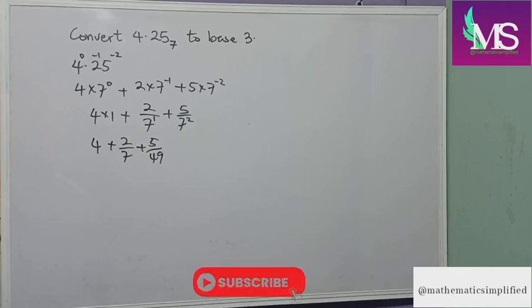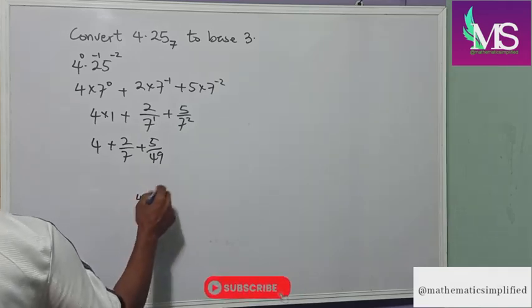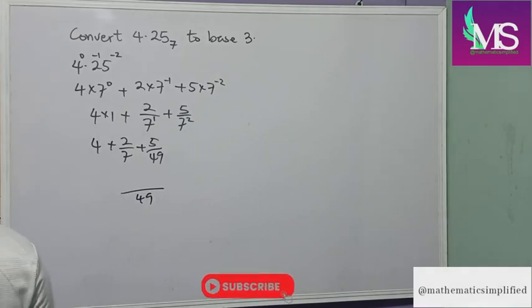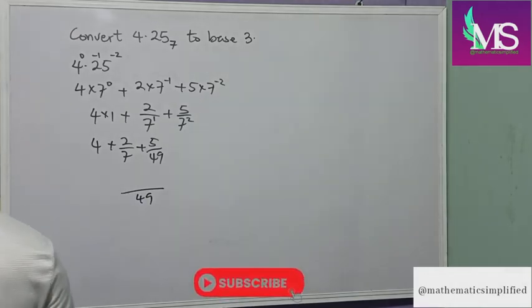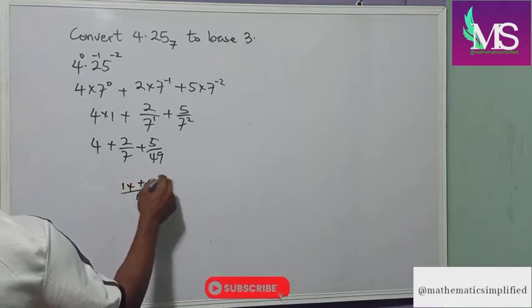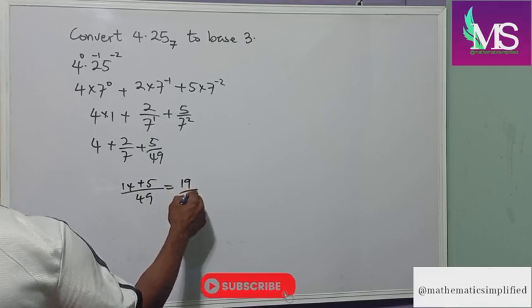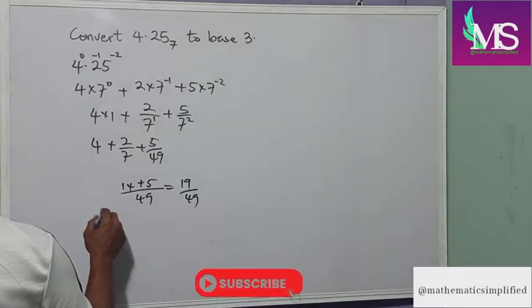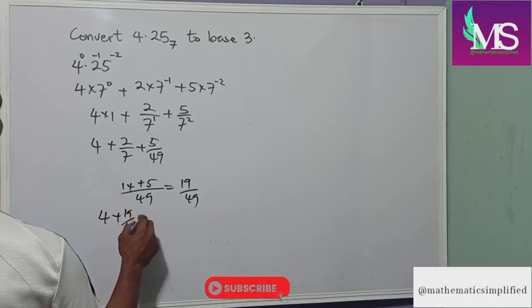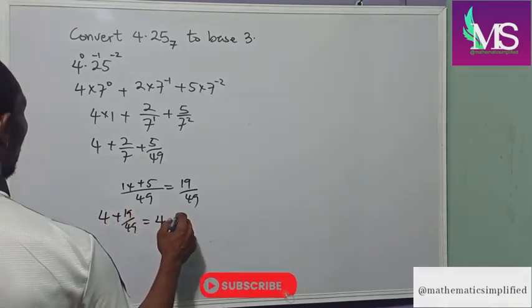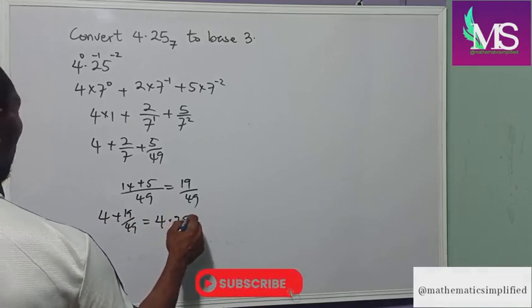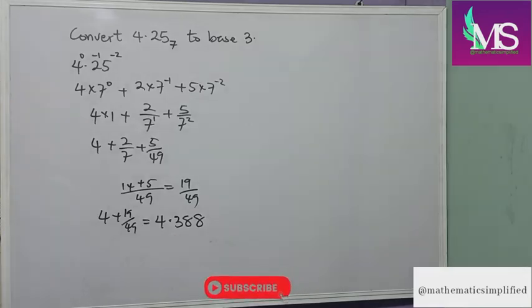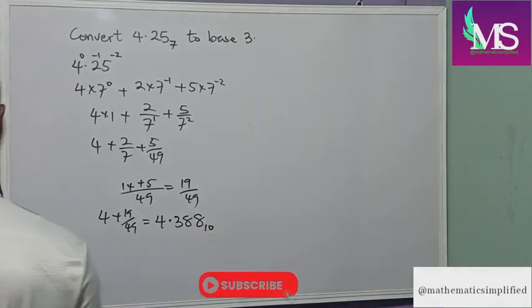Having our LCM as 49, this becomes 14 plus 5, which will give us 19 over 49. So we have 4 plus 19 over 49, which will give us 4.388. Okay, having it as 4.388 base 10.